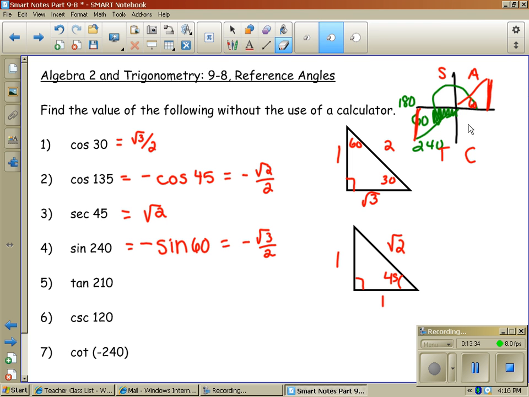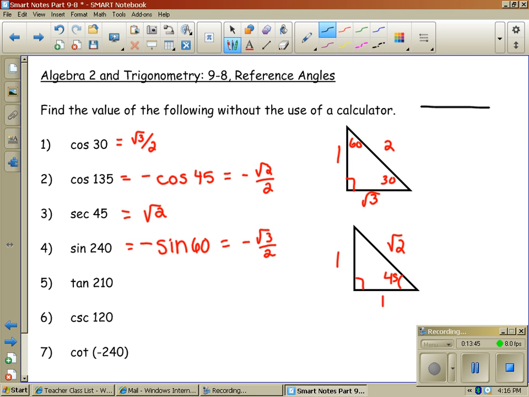Tangent of 210. What quadrant is 210 in? What's your reference angle? Your reference angle is 30.